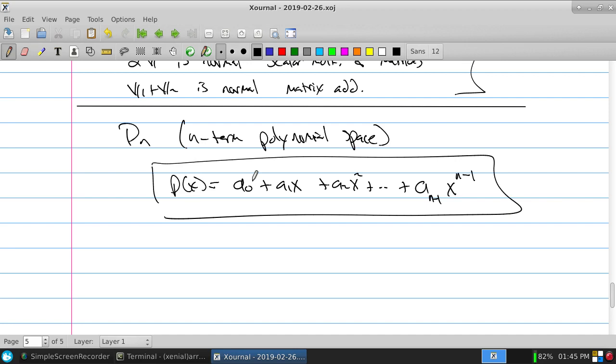And what do you think addition is? How do you add polynomials? You add like terms. How do you multiply polynomials? Well, we don't need multiplication. We need scalar multiplication. And what's scalar multiplication? You just stretch each of the coefficients. What do you think the 0 object is?